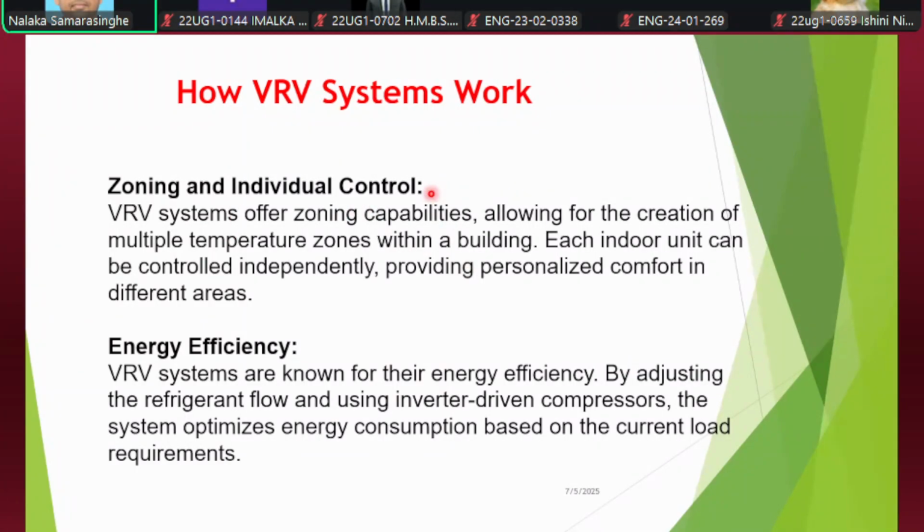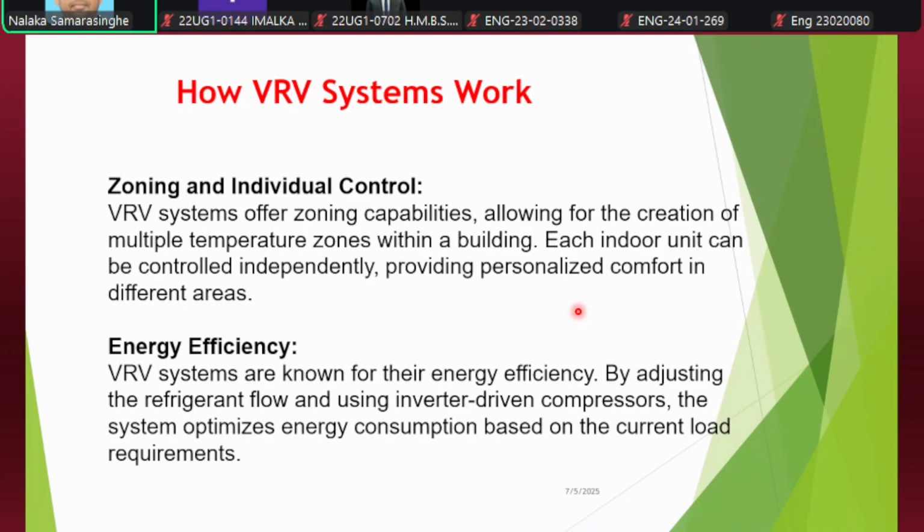Zoning and individual control: for various zones, we can have different temperature levels. In the same area, if you have partition spaces, at each of those spaces we can have different temperature settings, and you can control them individually. And energy efficiency comes from the inverter driven compressors and also from adjusting the refrigerant flow.